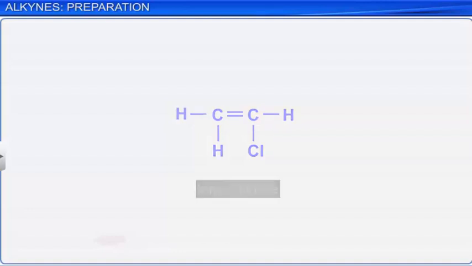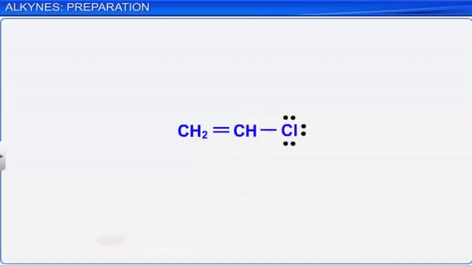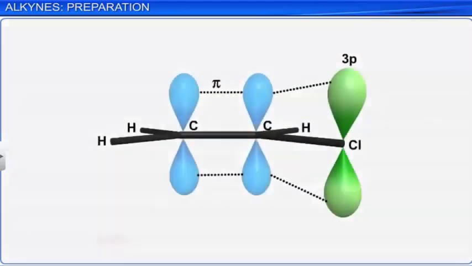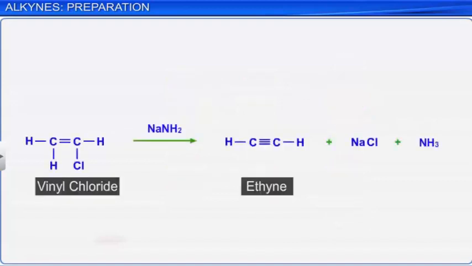In other words, as the non-bonding electrons of chlorine and the pi electrons of carbon-carbon double bond are in conjugation, the carbon-halogen bond acquires a partial double bond character and the removal of it becomes difficult. Hence, a strong base, such as sodamide, is required for the removal of hydrogen chloride from vinyl chloride to form ethyne.